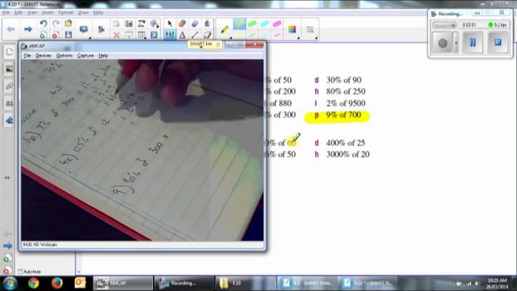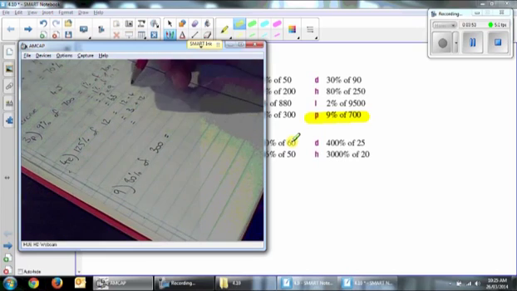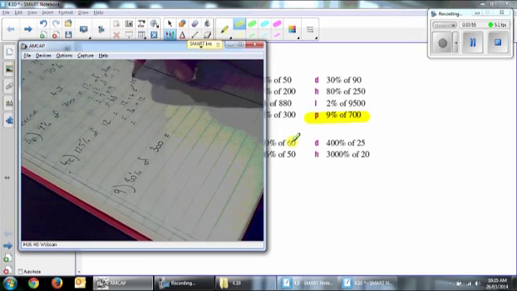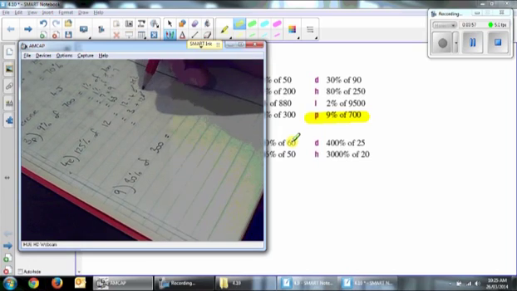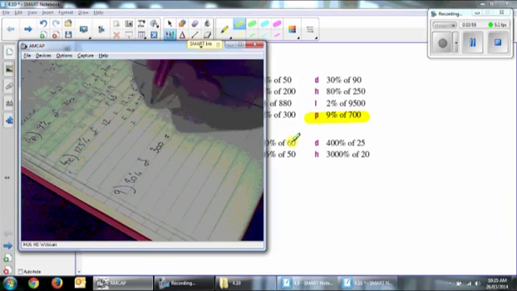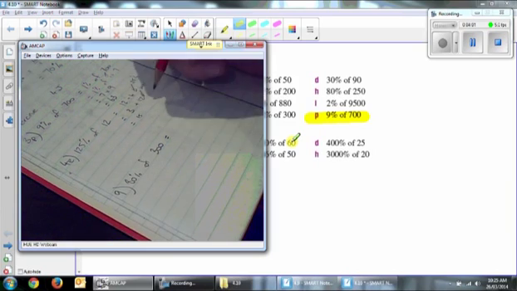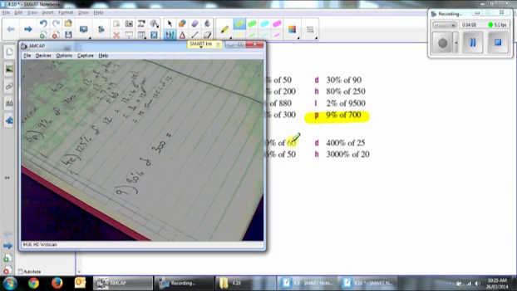Okay, because this here will give me my 25%. And this here is my 100%. So those two added together will give me my 125% of 12. Okay, so it equals 15.